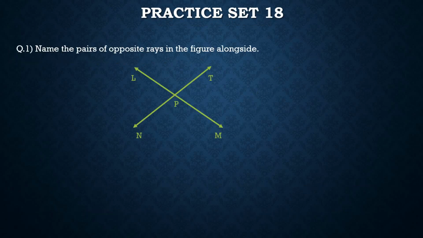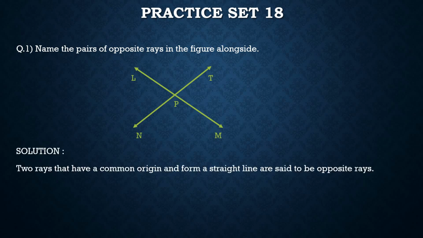Practice set 18. Name the pairs of opposite rays in the figure alongside. So we can see the figure. Line LM and line NT intersect each other at point P. So we have to find the pairs of opposite rays. Solution. Two rays that have common origin and form a straight line are said to be opposite rays.